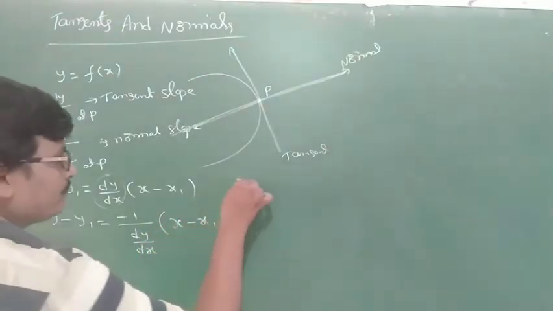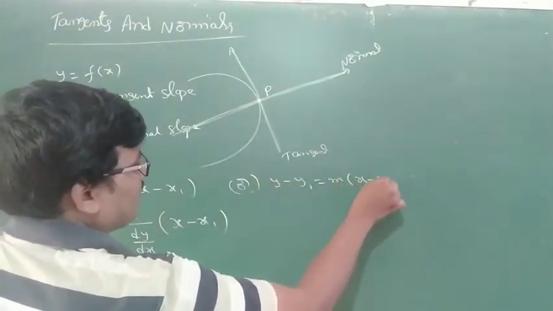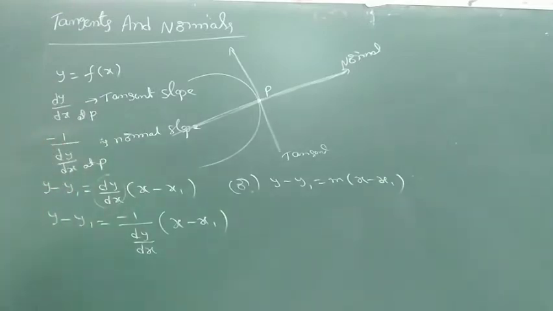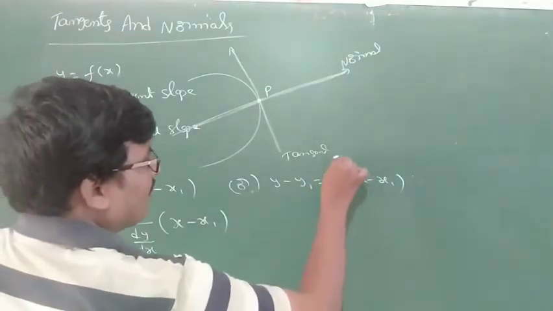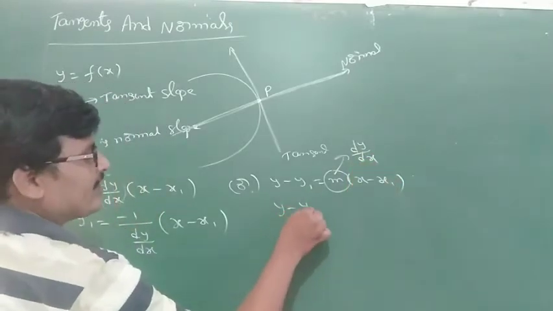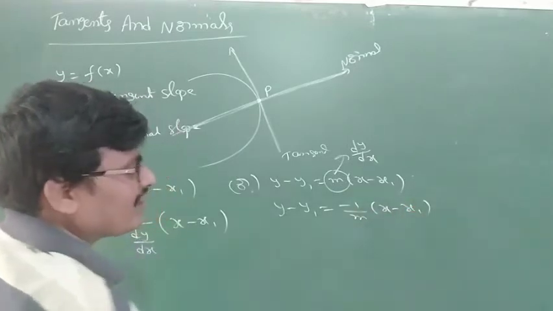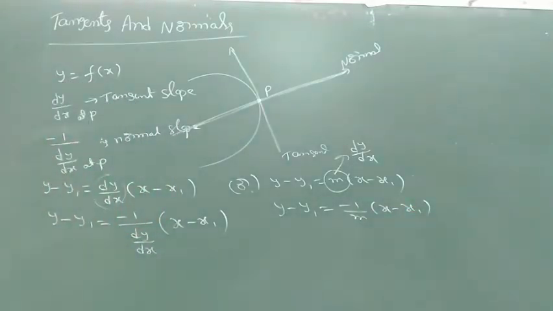Or y minus y1 is equal to m into x minus x1 is the tangent equation, where m is dy by dx. Y minus y1 is equal to minus 1 by m into x minus x1 is the normal equation, where m is dy by dx. These are only four formulas.